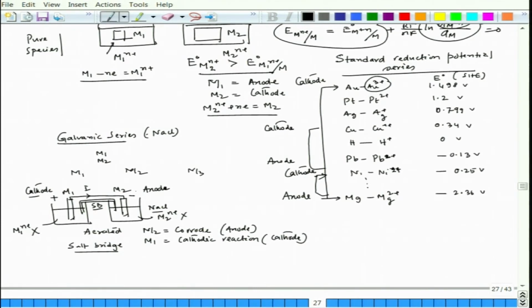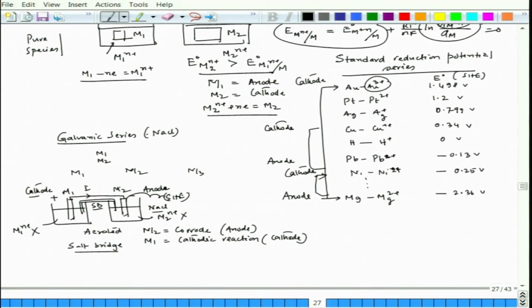You can also find out the values by joining a standard hydrogen electrode, you will get some potential, but we are not mentioning that, we are just making comparative statements about which one is acting as the positive end and which one is acting as the negative end. So, accordingly we decide which one is cathode and which one is anode.